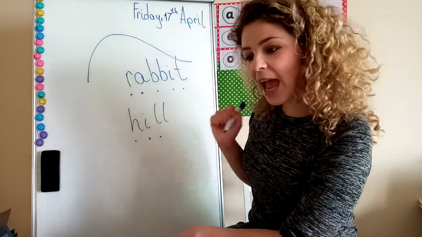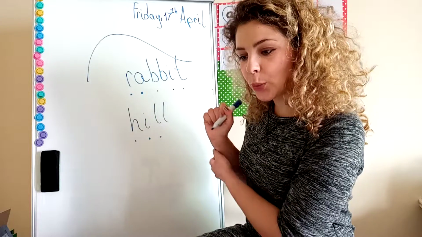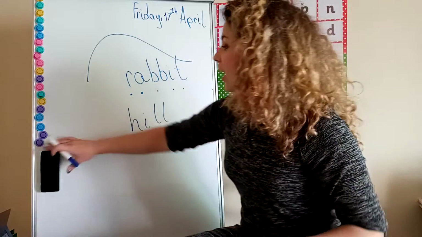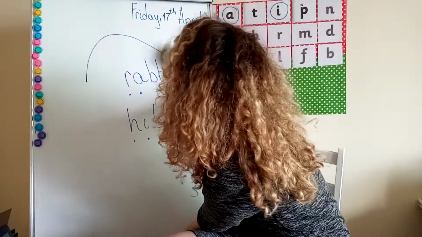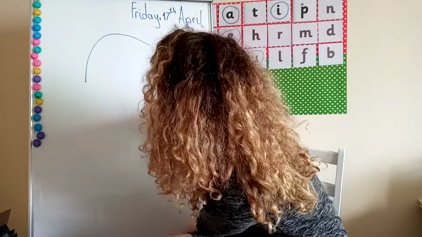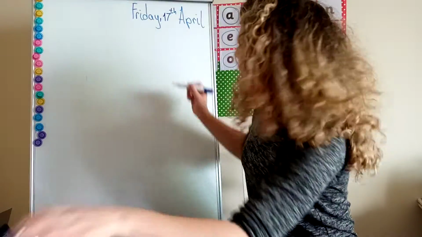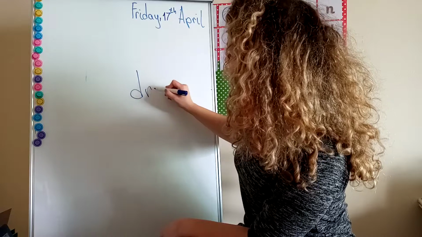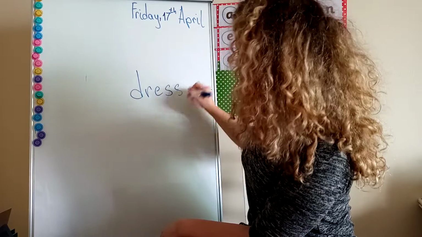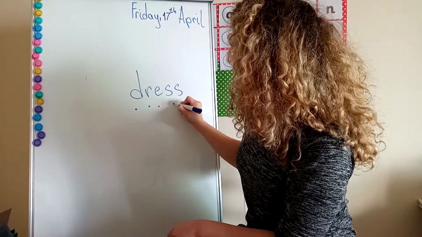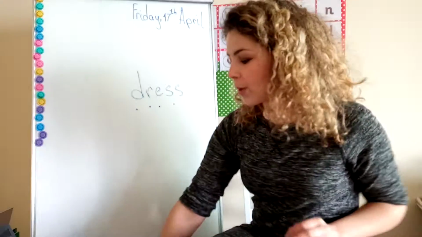And the last word I would like to put here is this one. I'm going to rub this all out. D, R, E, S, S. Two letters S, but one sound.